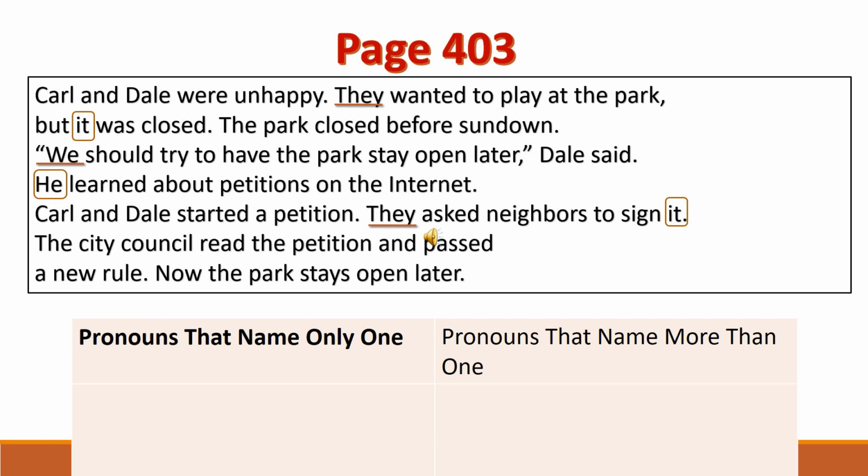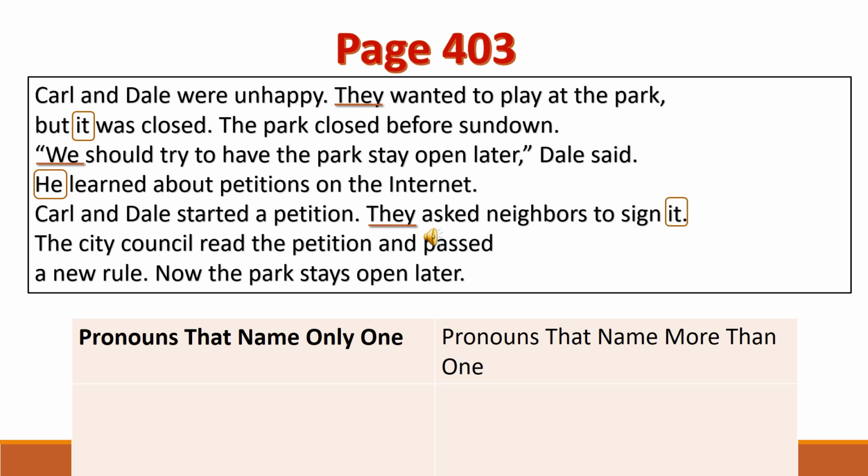While it and he, we encircle because these pronouns are singular, or used to name only one noun. Understood? Is it clear? Okay, now let's move to the next task.